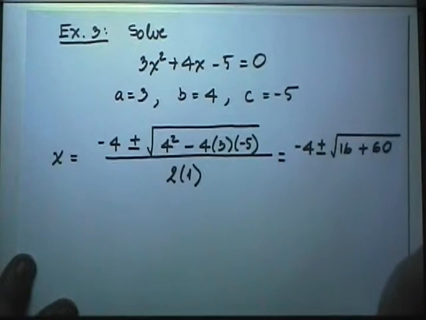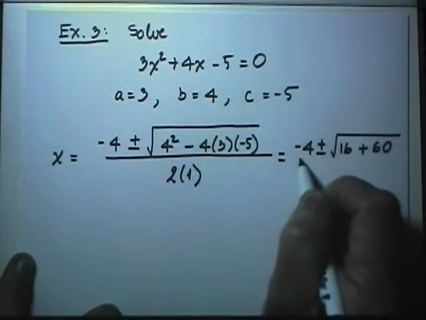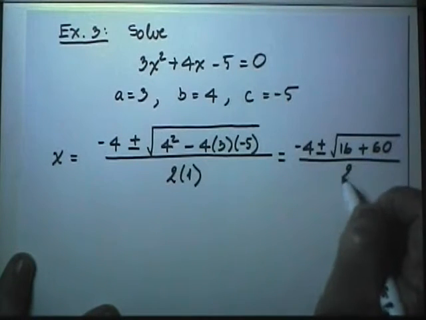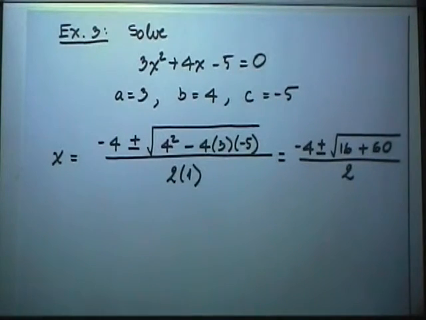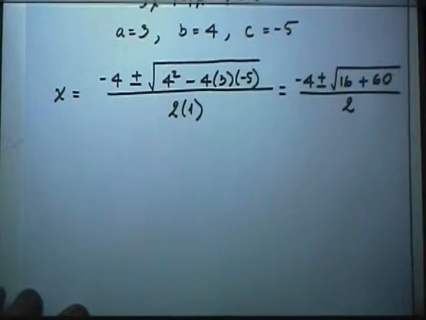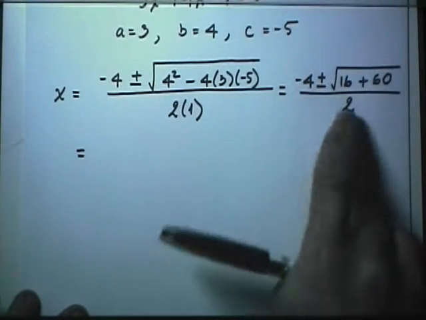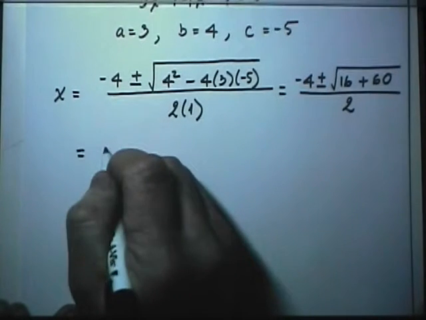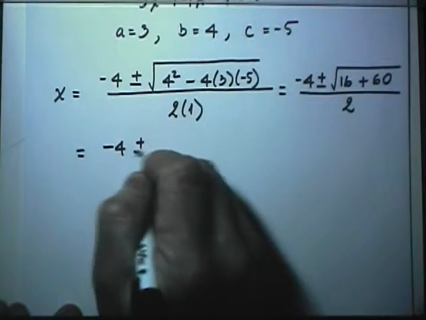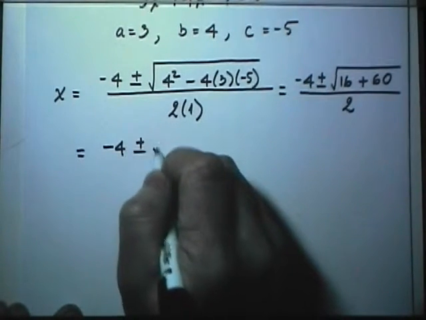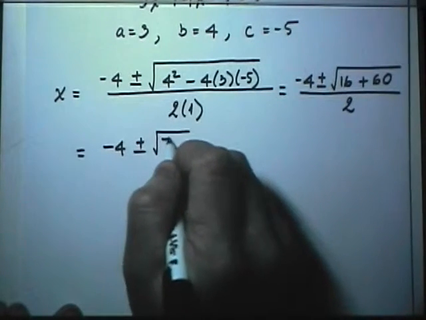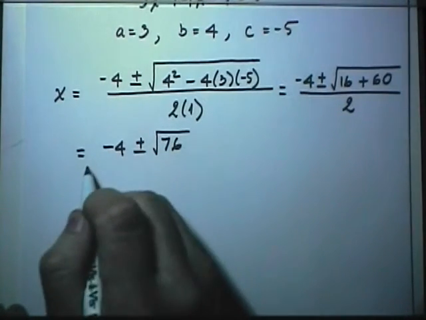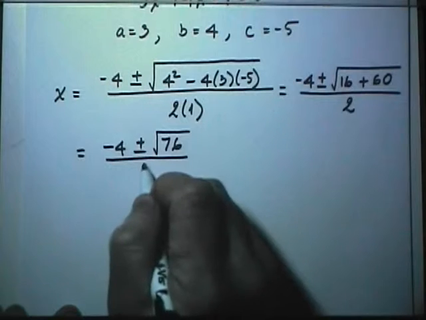So now I have plus 60, divided by 2. In my next step, we keep computing what's underneath the square root. So -4 plus and minus the square root of 76 this time, and divided by 2.